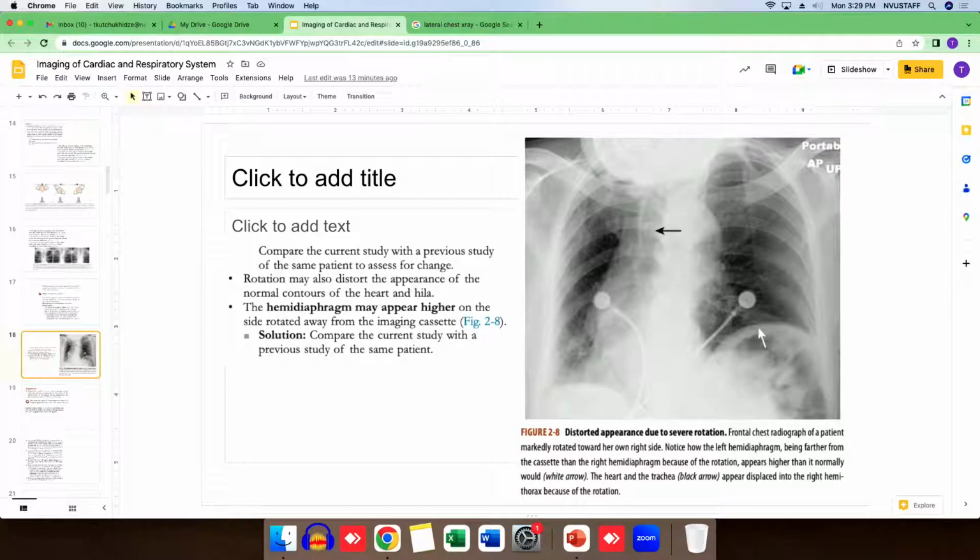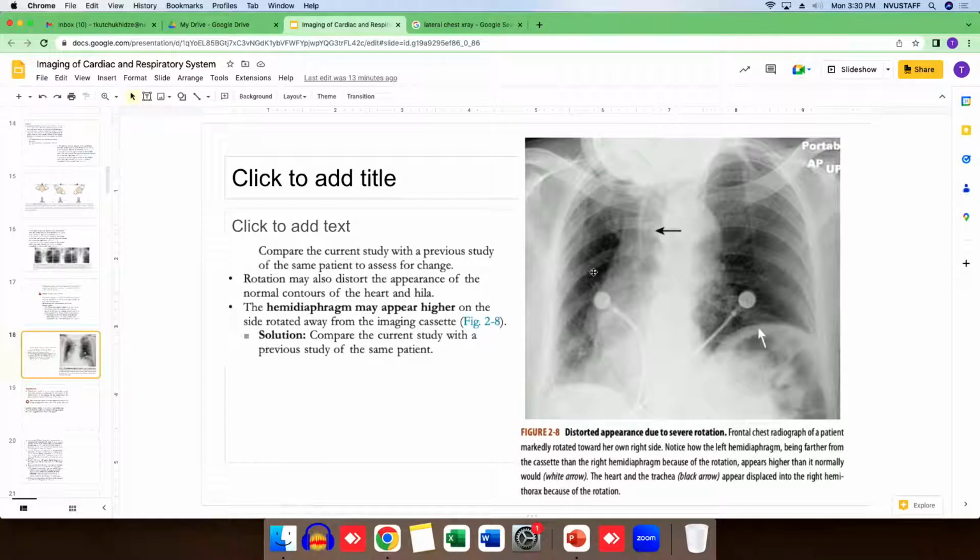Another thing is that rotation may also disorient the normal heart contours, and we might think that the heart is bigger or smaller, or the great vessels are bigger or smaller. Also, hemidiaphragms may appear higher or lower, and we might think that there is, for example, liver pathology.